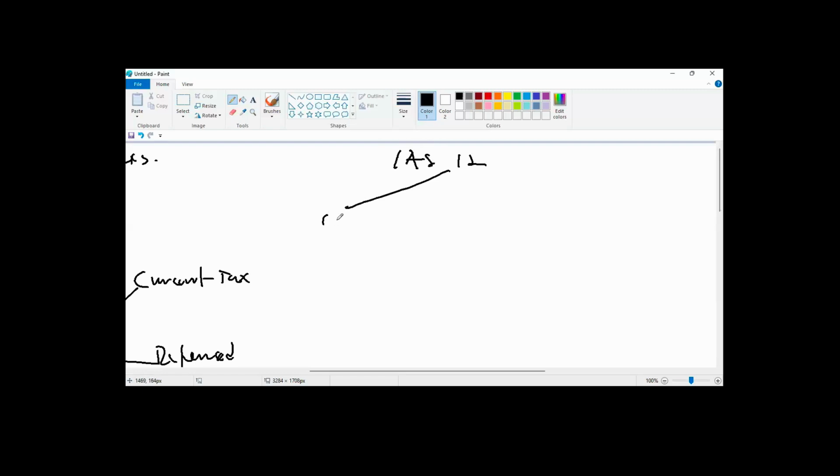How do we calculate current tax? Then how do we calculate deferred tax? This is the scope. Don't forget I have told you earlier, the addition of the two equals the tax expense that goes to the P&L, although it has exceptions. We are still coming to that.